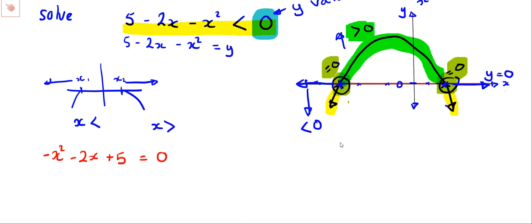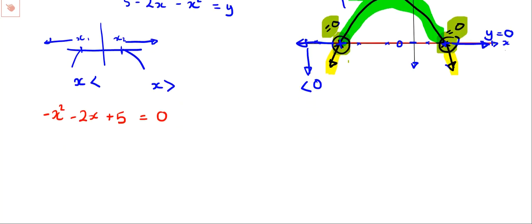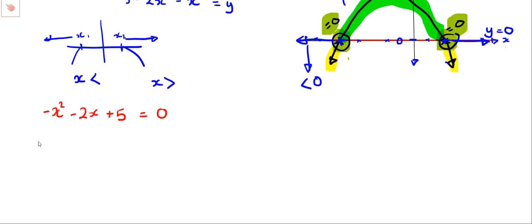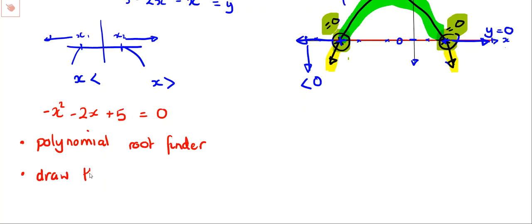So you've got several options, 2 of them on your calculator, so maybe you can try both and tell me which one you would choose. So we said polynomial root finder was one option. The other option was draw the graph, okay, and then find those points.